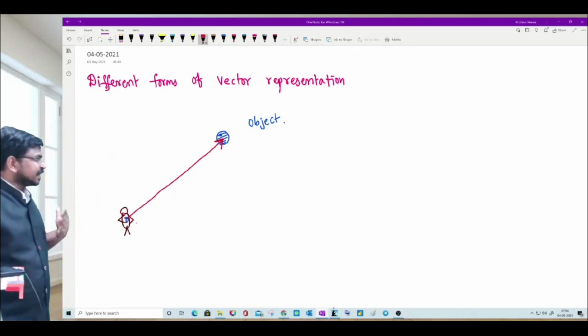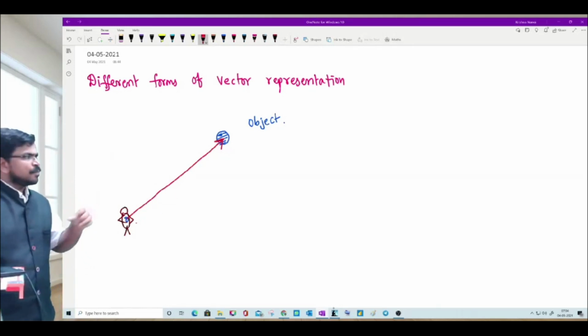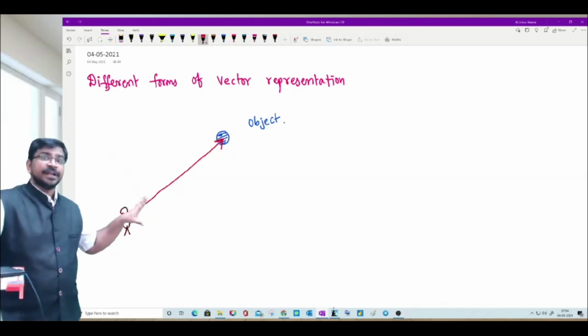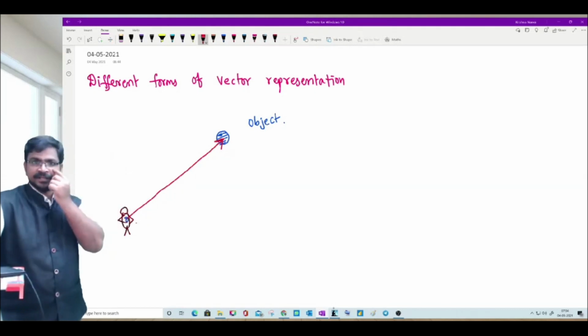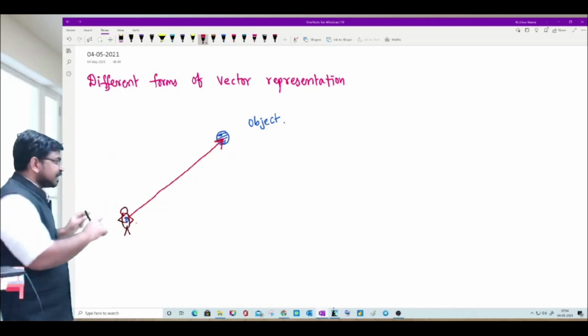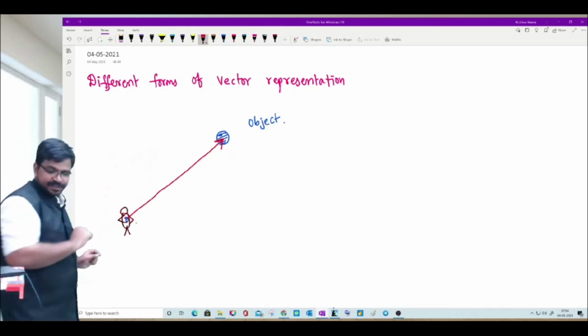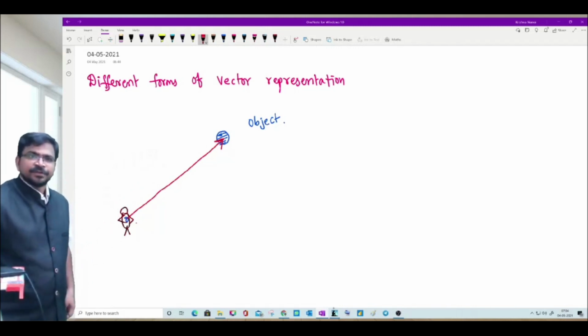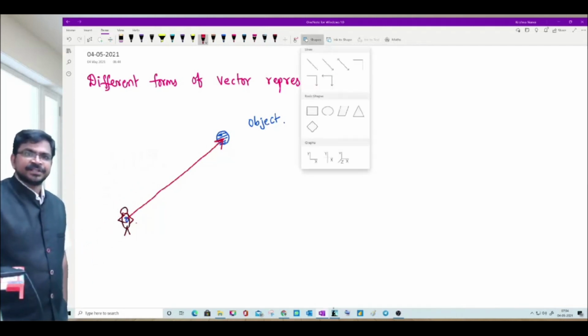Suppose I consider a coordinate system. About all these things in detail we will discuss in kinematics, so don't worry. Just focus on how we represent this vector from observer to object. Let me take a coordinate system here.